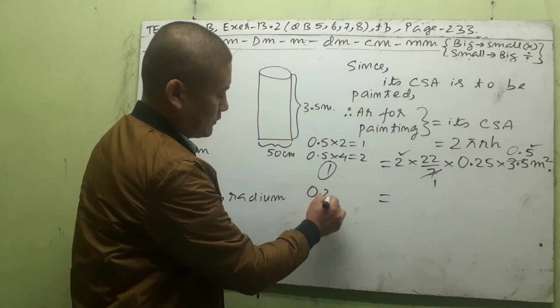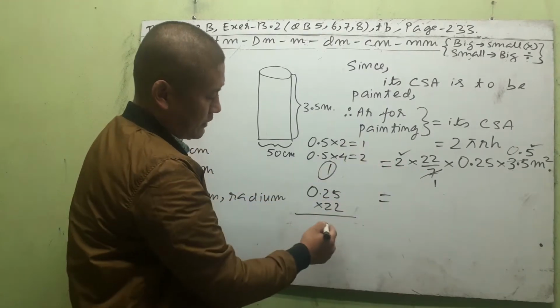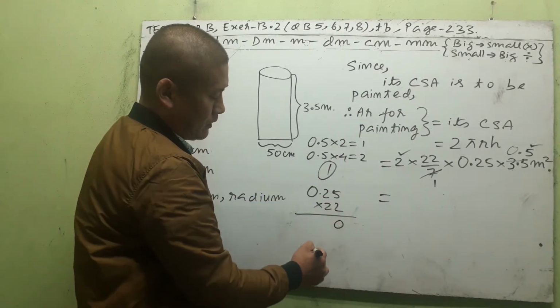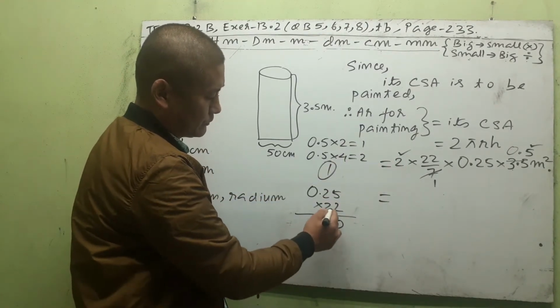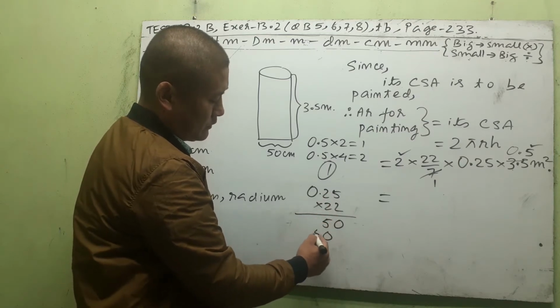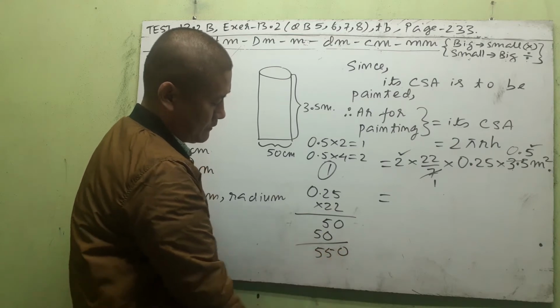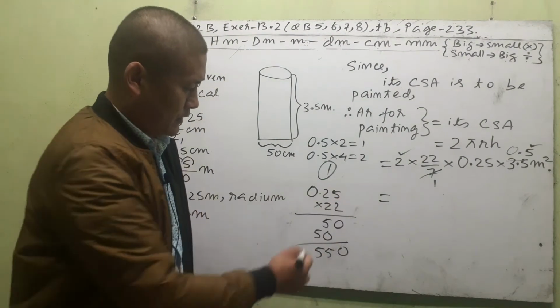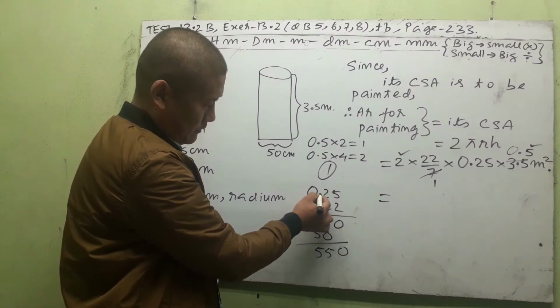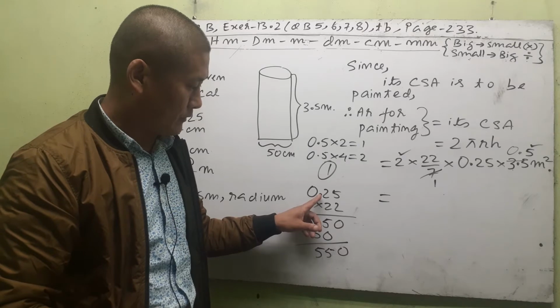So 0.25 multiplied to 22. Answer for the area for painting, I mean. 2 5s are 10, 1 in hand. 2 2s are 4 plus 1, 5. So same number. So 0, 5 and 0, 5 and 5. Now 2 decimal places, as I've been saying quite frequently by now, that decimal places are on the right of the point.